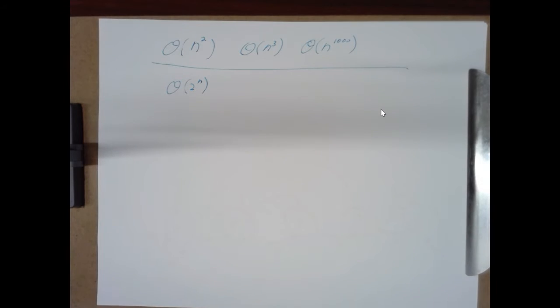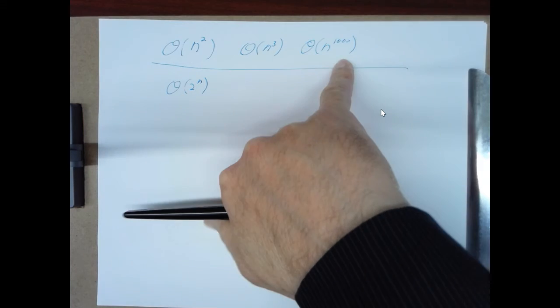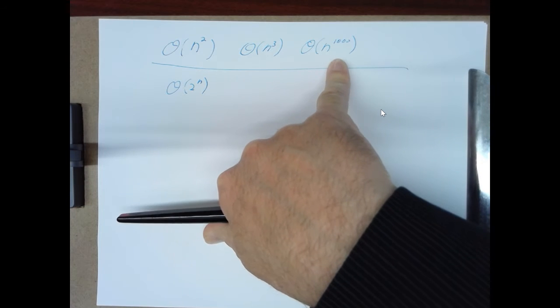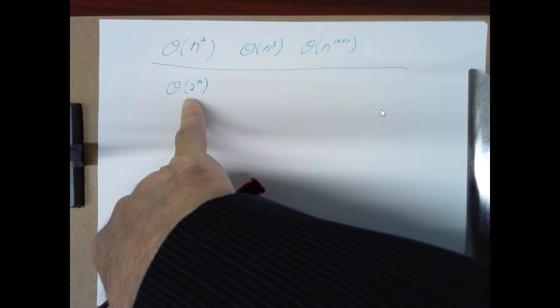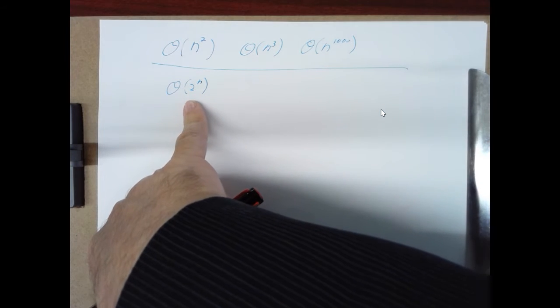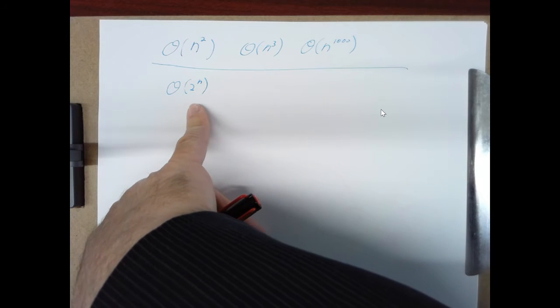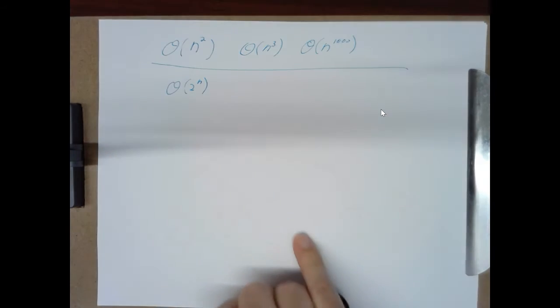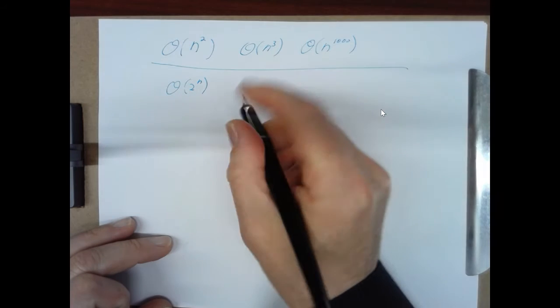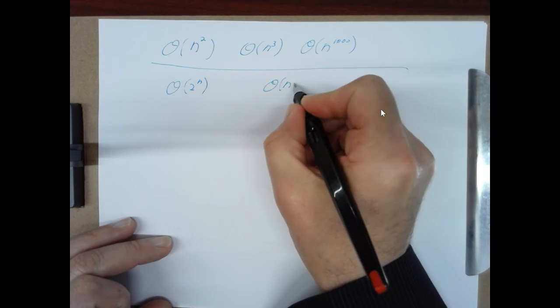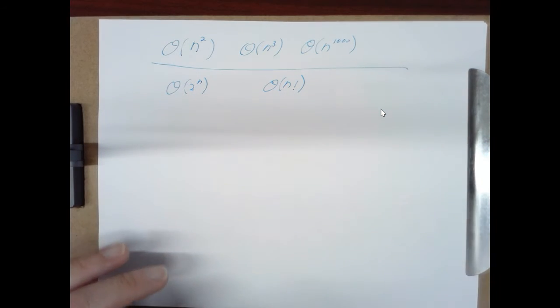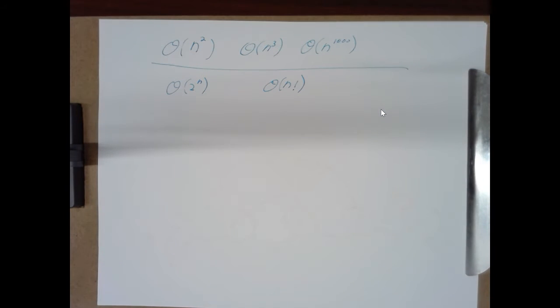And eventually, order 2 to the n is going to be bigger than order n to the 1000th. Okay, this is a really, really frightening growth rate. It's doubling the amount of computation when you increase the problem size by 1. And this is even more frightening, order n factorial.